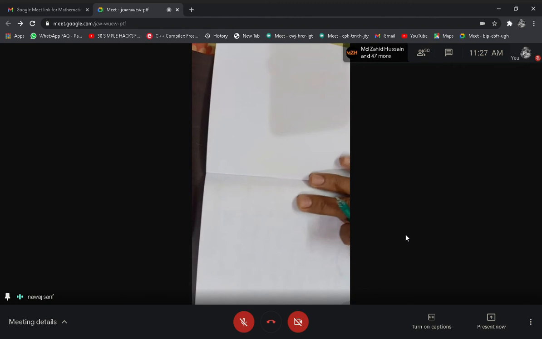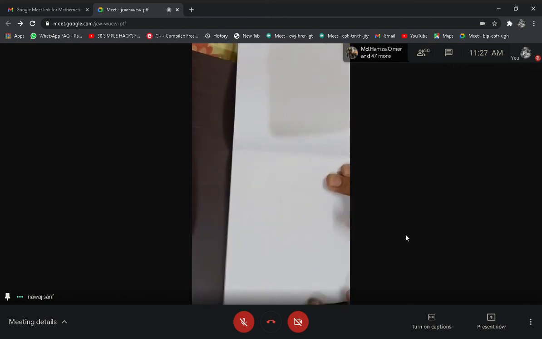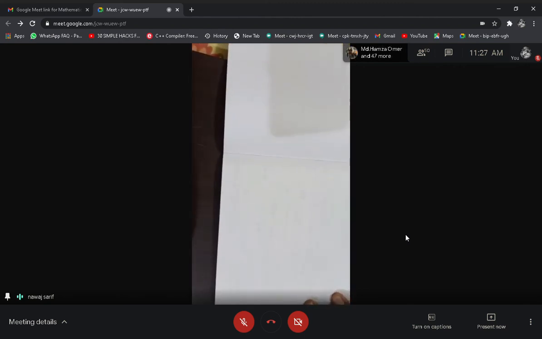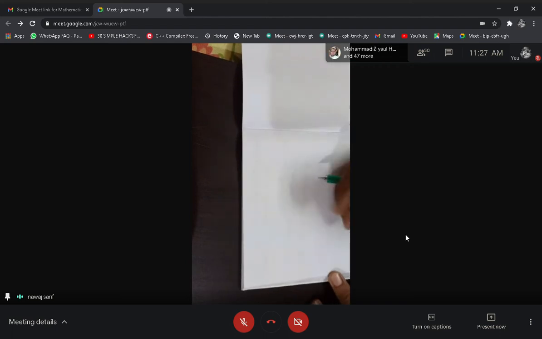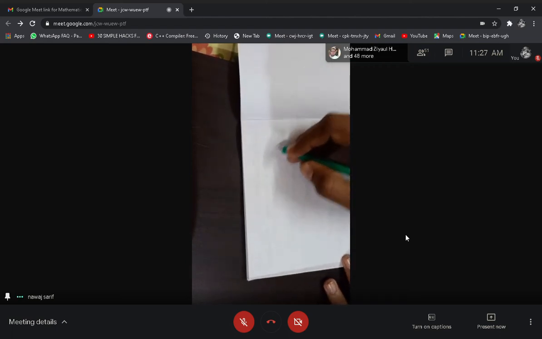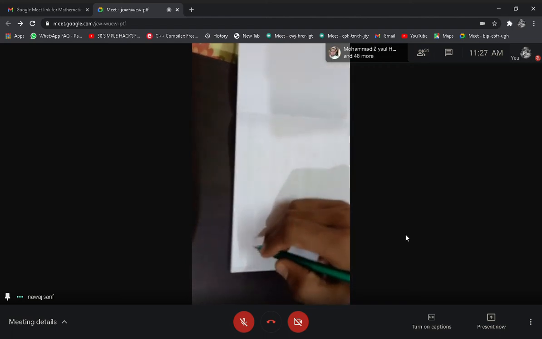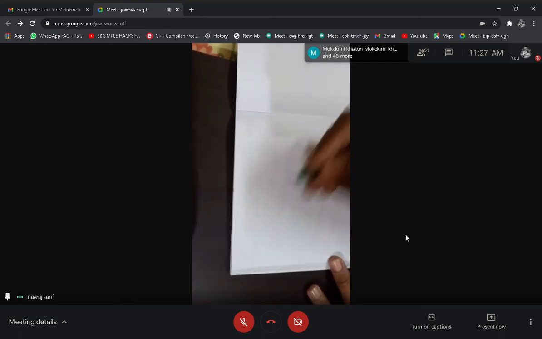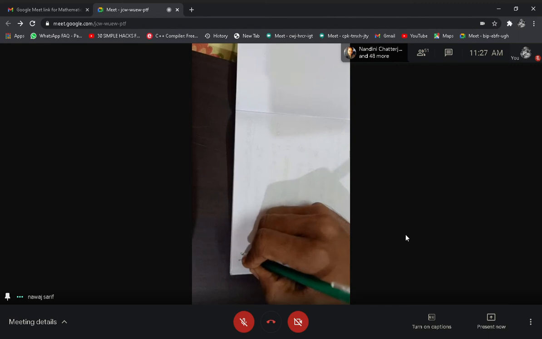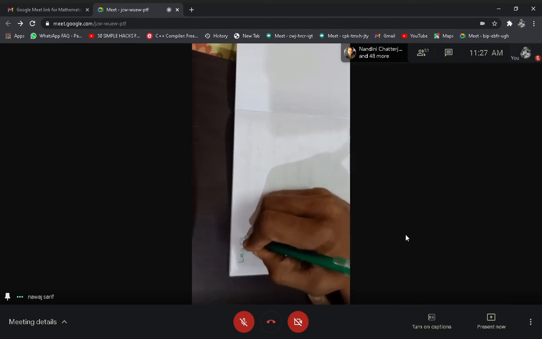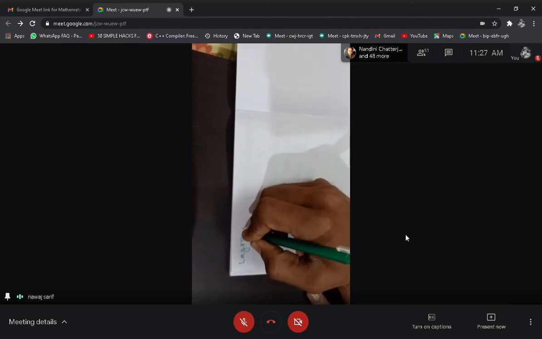Now we will derive another example. This one is called the mean value theorem, Lagrange's mean value theorem. Do you know Lagrange's mean value theorem? Yes, sir. Lagrange's mean value theorem.